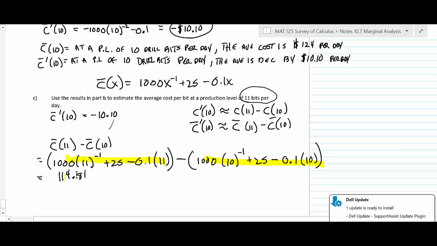And then the next one, 1,000 times 10 to the negative 1, plus 25, minus 0.1 times 10 is going to give 124. Okay, so if I subtract those two, I should be pretty close to the negative 10.10. Let's see if that's indeed right.